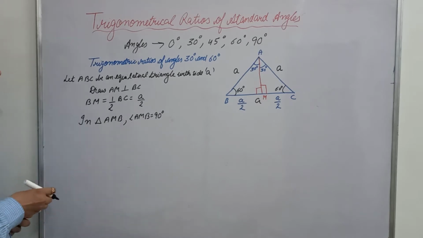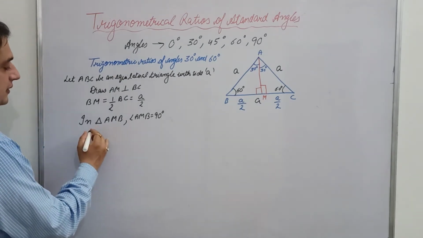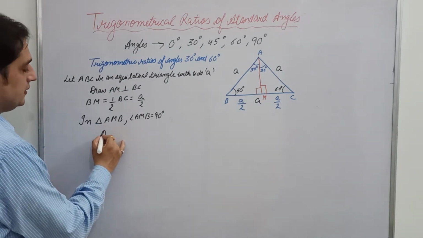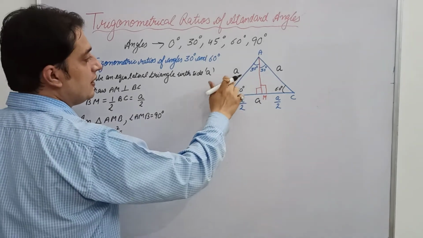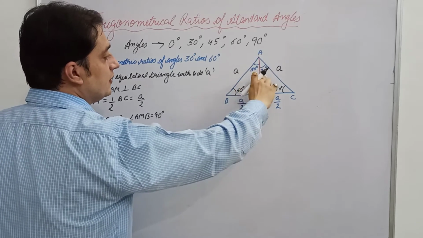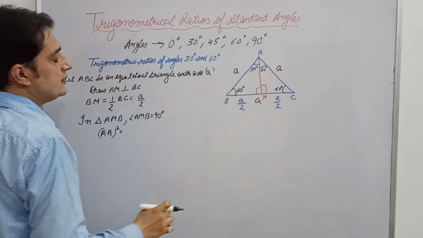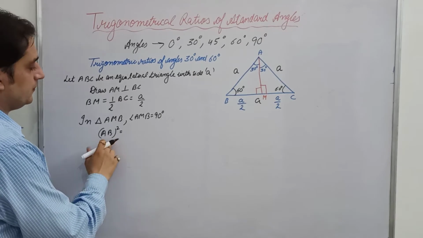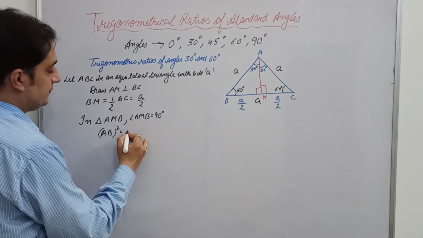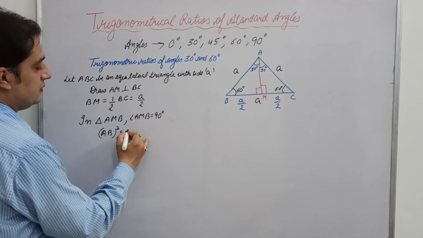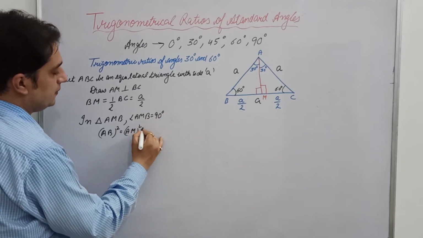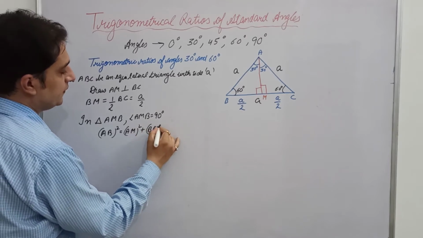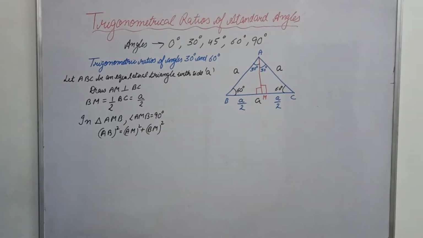Clear? So in triangle AMB, the longest side is AB, and the two sides are known while the third side is not known. So first we find the third side with the help of Pythagoras theorem. AB square, the longest side square, is the sum of the squares of the remaining two sides, that is AM square plus BM square, because for T ratios the three sides should be known.